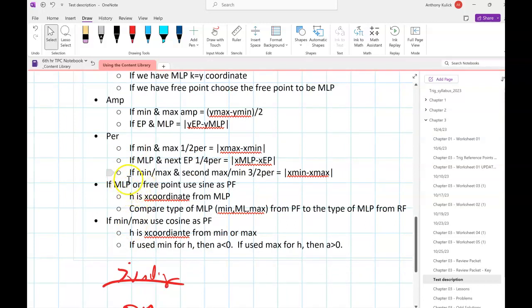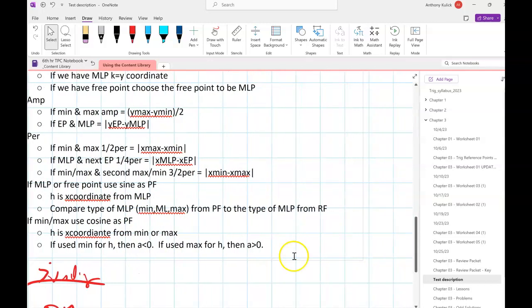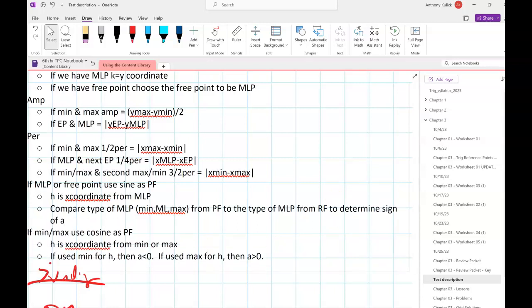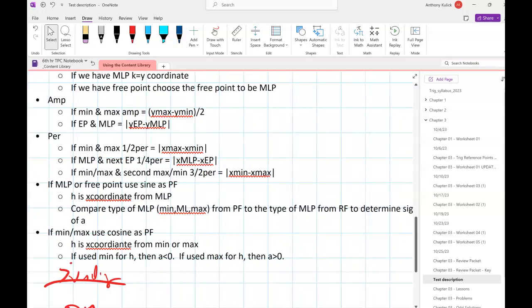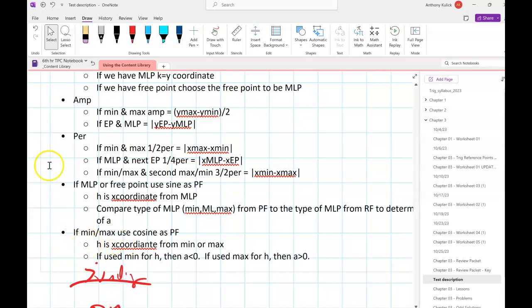And then if I have a midline point or a free point, I use sine as my parent function, and h is just the x-coordinate from that midline point. And I compare the type of midline points to determine the A. If I have maxes and mins, I'm going to use cosine as a parent function.